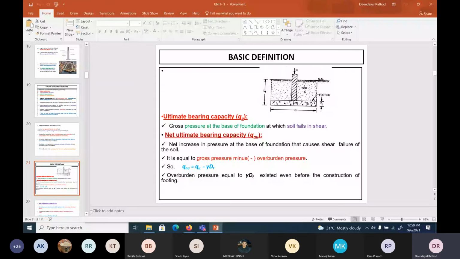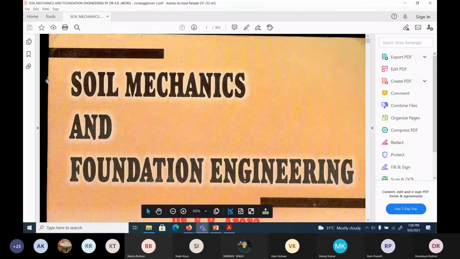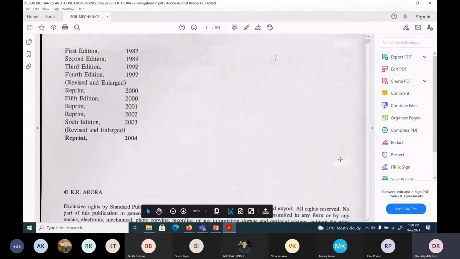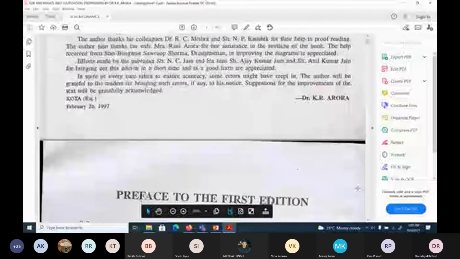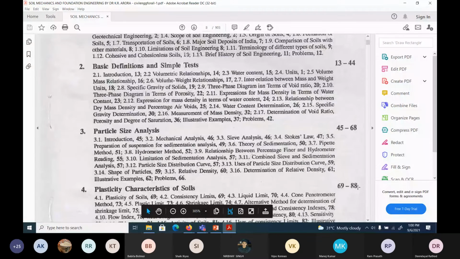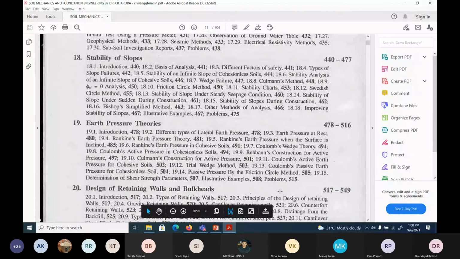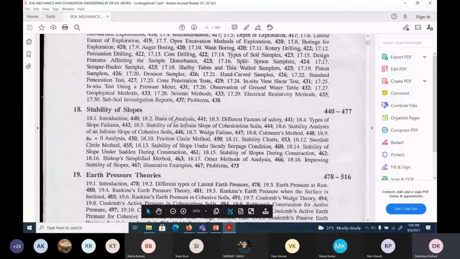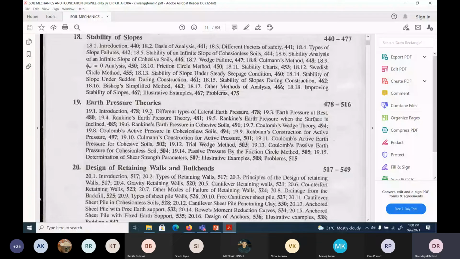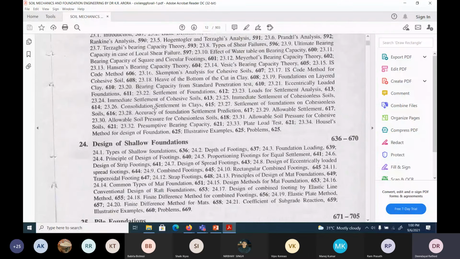Let's come to our Arora book. Chapters 17 and 19 cover bearing capacity of shallow foundations.